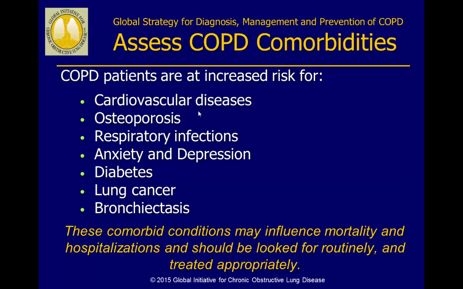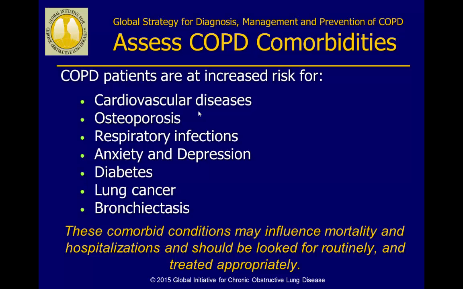They tend to have osteoporosis because of the amount of secretions that are accumulated. They tend to have recurrent respiratory infections, anxiety, depression because they cannot breathe, because of Solu-Medrol as well or any type of corticosteroids, diabetes. They tend to have bronchiectasis.